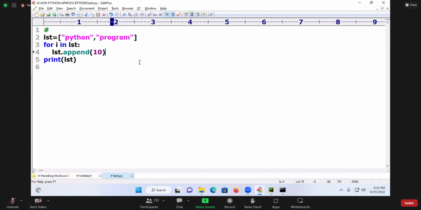So it is not coming. lst.append of 10. Something tricky. Memory error. Why memory error? lst.append of print of lst. Infinite loop, no, not an infinite loop. It is going to be taken as what? Just Python. Values are coming here.